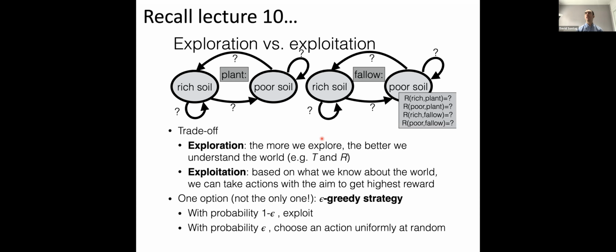And there's this question of, do you exploit, meaning do you use the best policy that you have for all future individuals, or do you explore, meaning do you keep trying different types of treatments? The exploration strategy that we spoke about in this class is called the epsilon greedy strategy, where with probability epsilon, you choose an action uniformly at random.